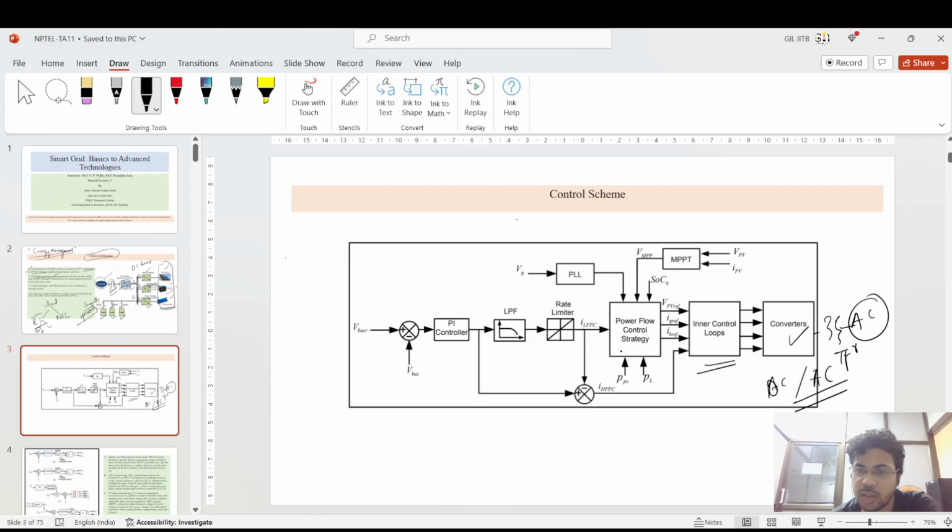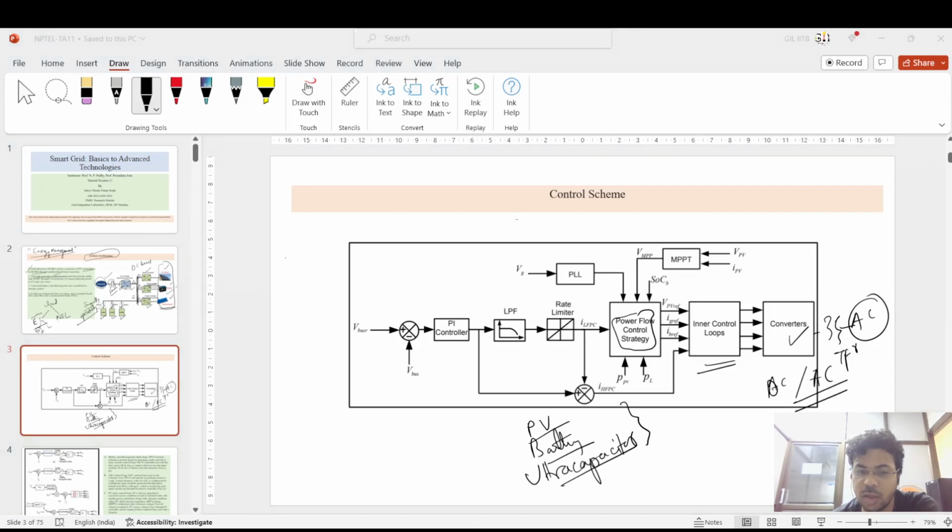Inner control loop in what sense? You have a central power flow control strategy. Why? Because there are various generating sources: the PV, the battery, and the ultra capacitor, and during the time when the battery or the ultra capacitor is at a low condition.